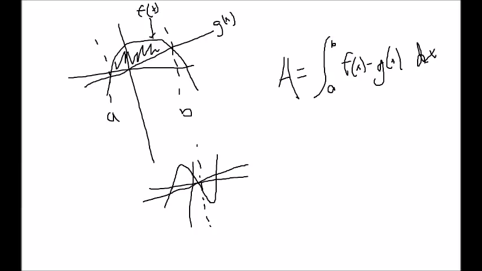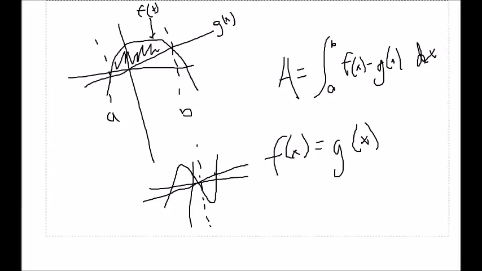And it also gets tricky when you don't know what limits of integration you're looking for. So what you have to do is set f of x equal to g of x and solve for x. Alright, so let's do some examples. Pretty straightforward so far.